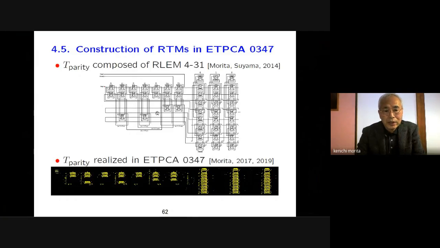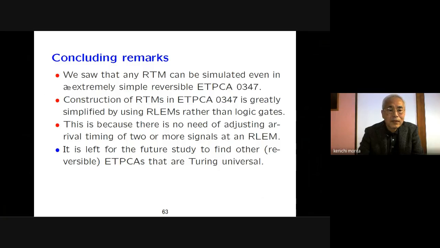Now, any reversible Turing machine can be constructed in the cellular space of ETPCA 0347. We saw that any RTM can be simulated even in an extremely simple reversible ETPCA 0347.